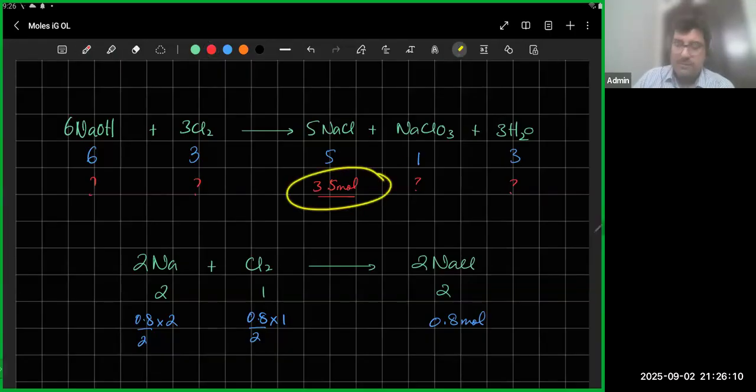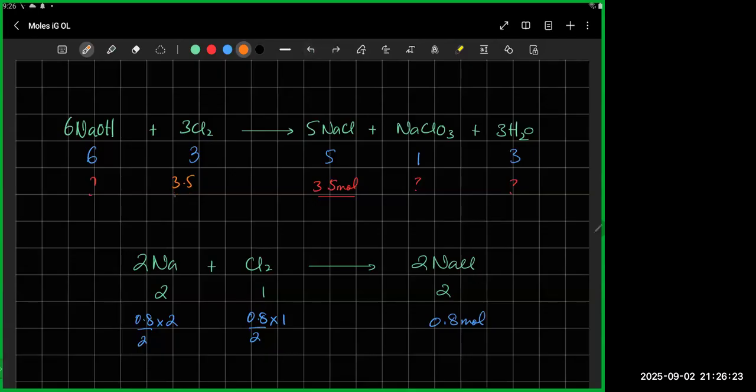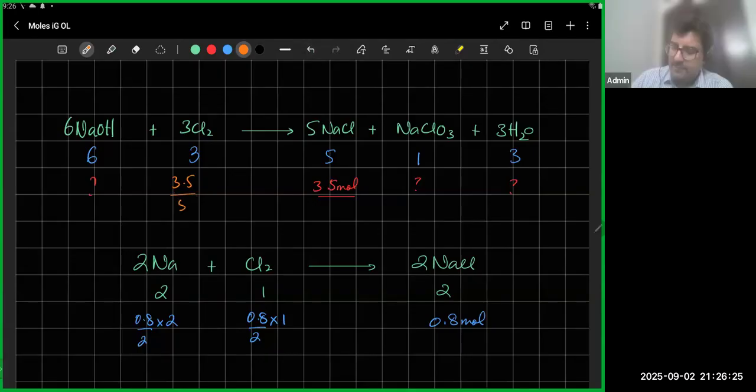You take the known moles, divide it by its ratio, multiply by the other substance's ratio. So this thing over here would become 3.5 divided by 5 times 3, right?